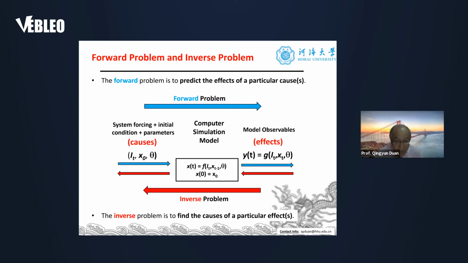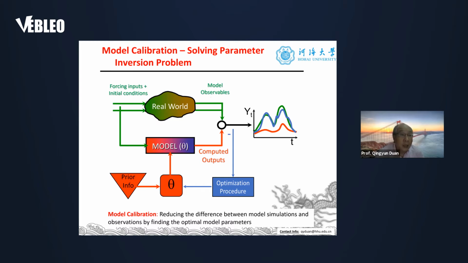Okay, so one particular kind of inverse problem is shown here. You talk about the parameter inversion problem. Here is the illustration of that. You have forcing, you have initial conditions, and then you assume some kind of parameters, and then you run your model, and you get something like this.